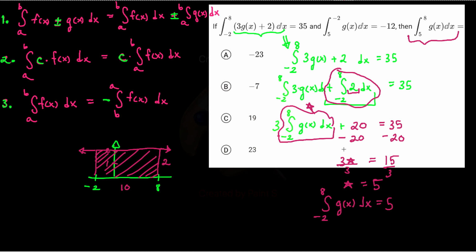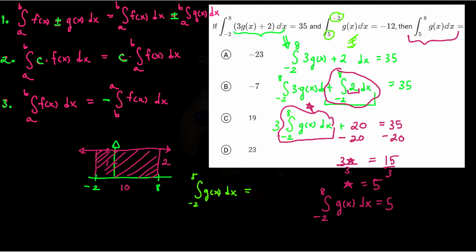And this is going to help me out a lot now, because now if I look at the other information that they gave me, the integral from 5 to -2 of g of x dx is -12. So that implies that the integral from -2 to 5 of g of x dx, and I swapped the limits of integration, I put the -2 on the bottom and then the 5 on the top.